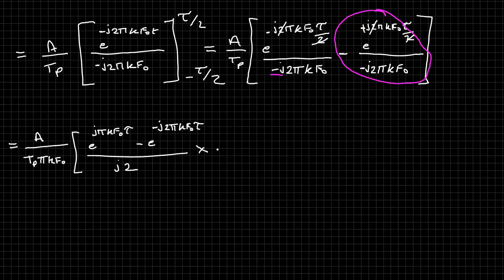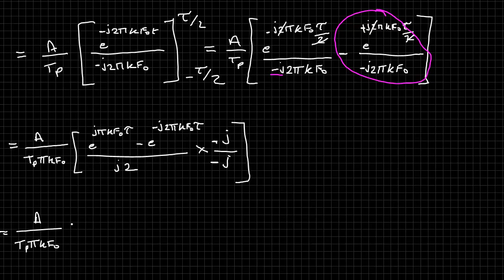We could leave it as is, but I'm just going to multiply the top and the bottom by j, I think it should actually be minus j. Yeah. So now we look at this, and we start on a new line because it's going to be easier and hopefully clearer.